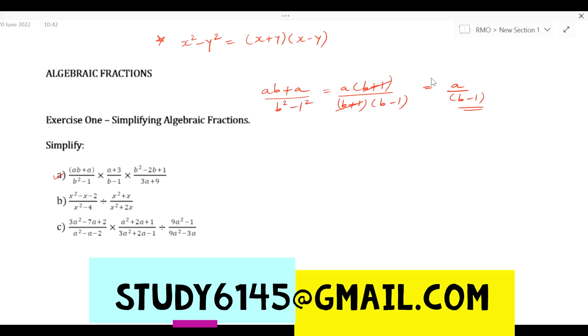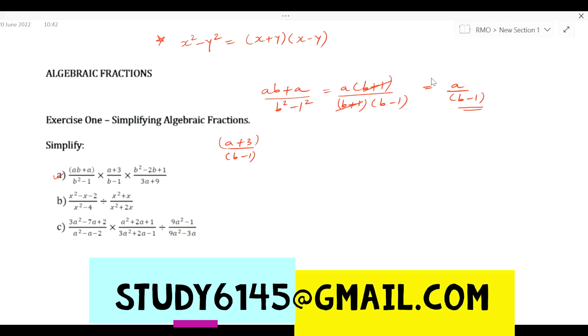See, we just factorized it, but now this is the simplest way. Okay, now we'll write down the next term. In this case, a plus 3 over b minus 1, what will we do?